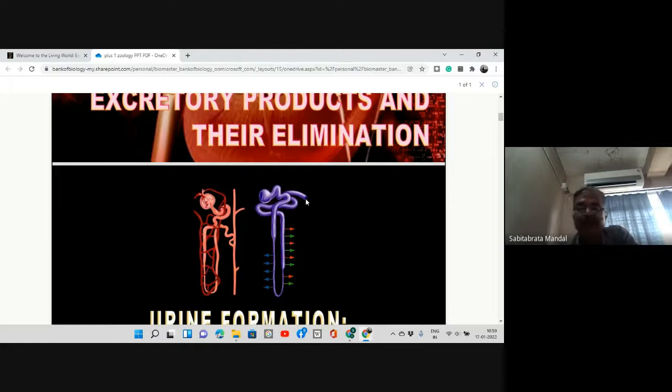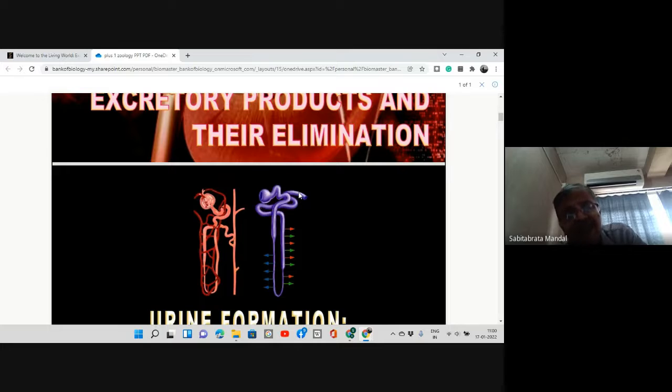And then the third part: certain substances are secreted from the tubular cells. Why are they secreted? Suppose your body has more acidity. Then the tubular cells will secrete hydrogen ions. The tubular cells also secrete some hippuric acid.